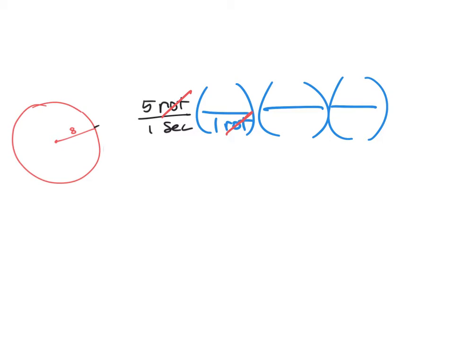Let's say the radius was 8 inches. Circumference is pi times the diameter, and the diameter is 16 inches, so our circumference is 16 pi inches. So 1 rotation is 16 pi inches.